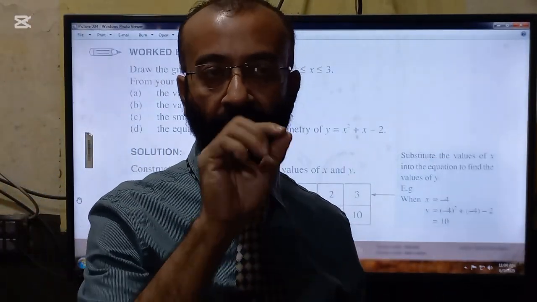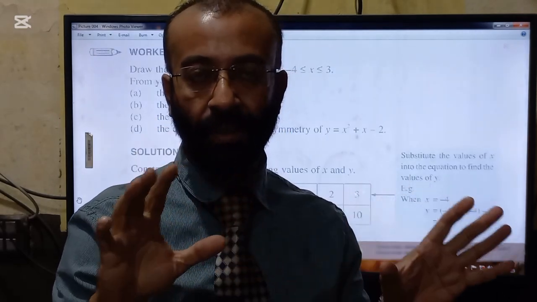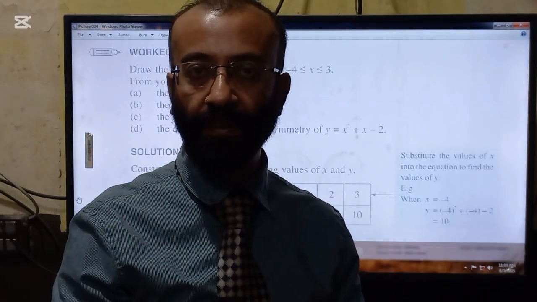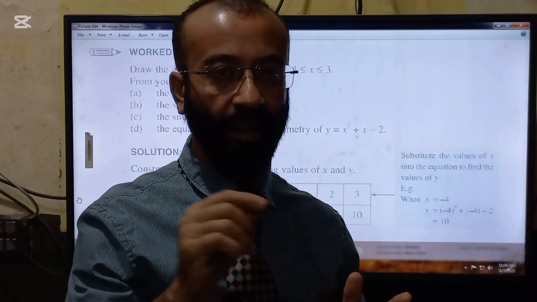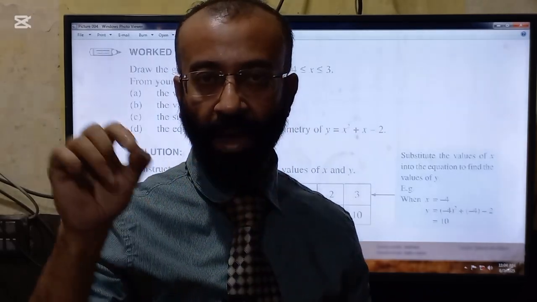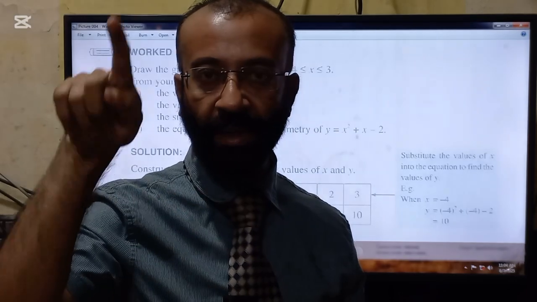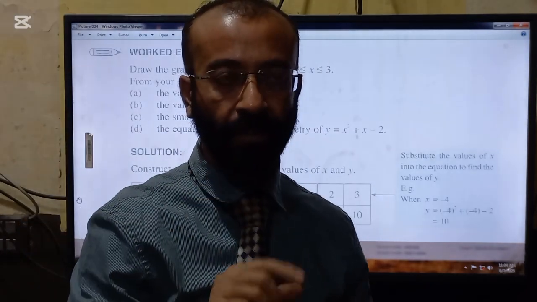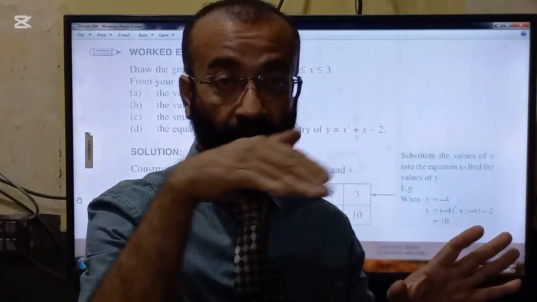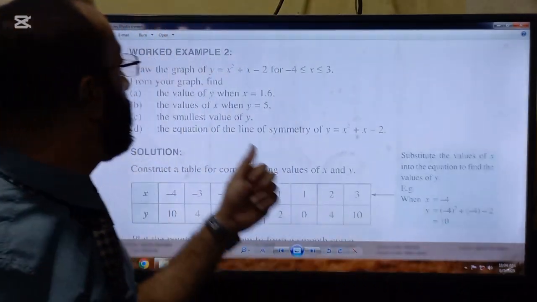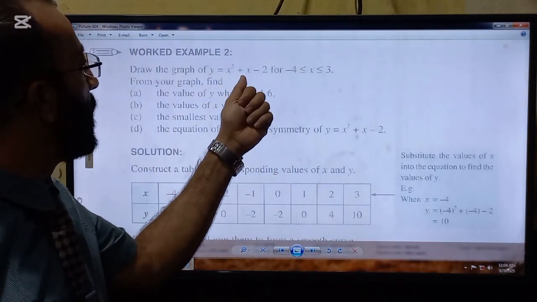Second step will be choose a suitable scale. Then the next step will be plot the values on the graph paper. Next step will be join the points with the help of the freehand curve. Next step will be label the graph. The label is this one, y equals x squared plus x minus 2.